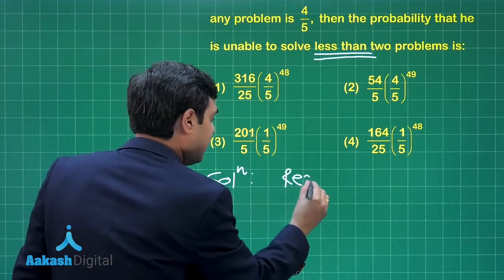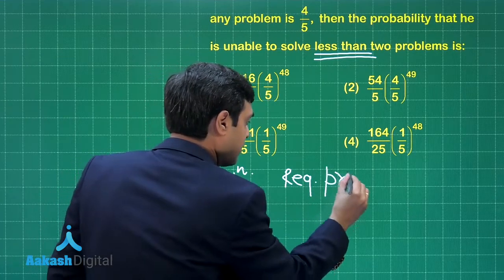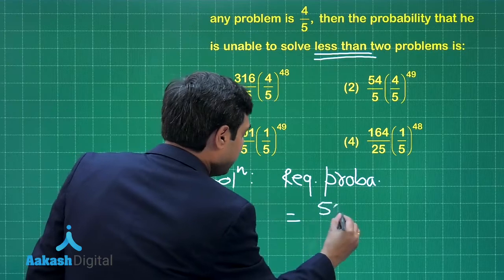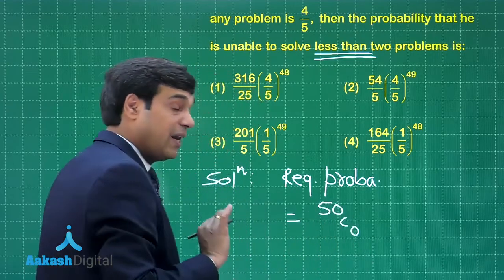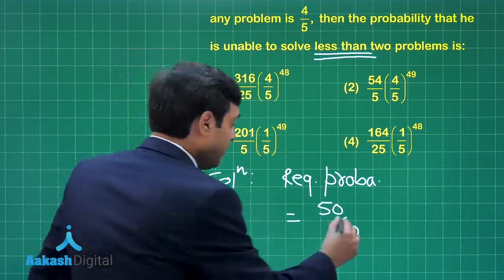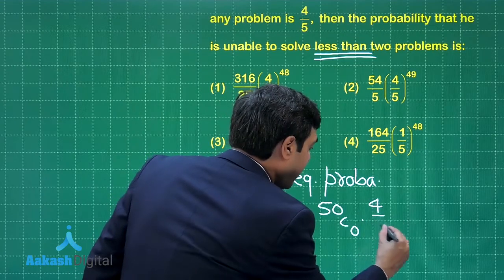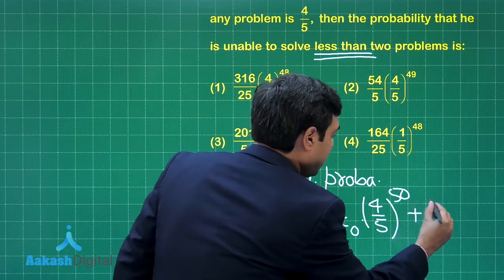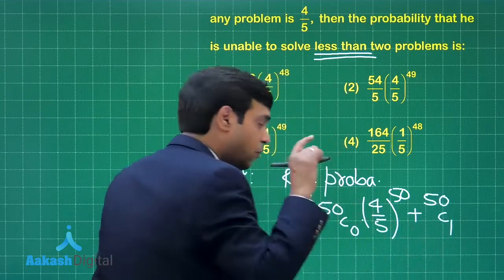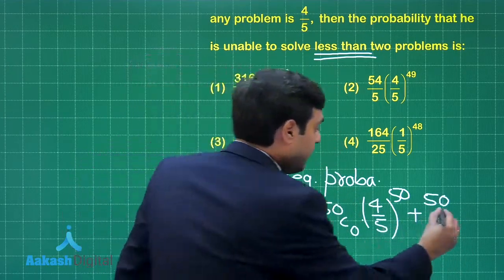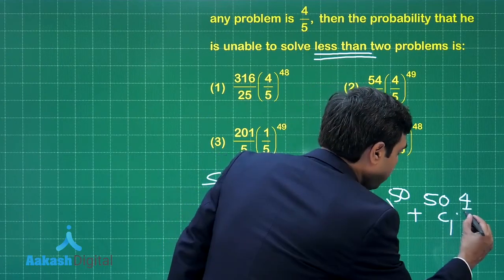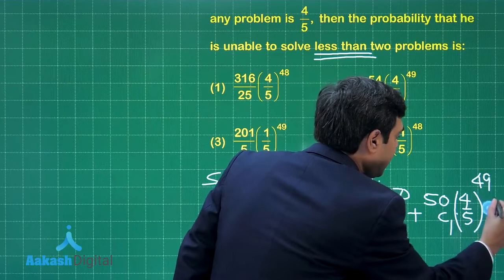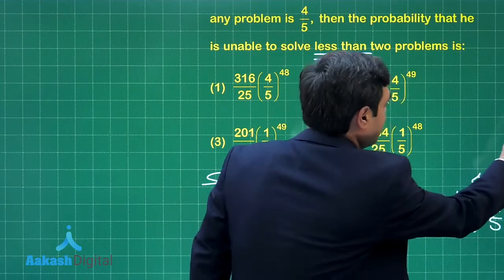So from here we simply get the required probability is equal to 50C0, meaning solved every one, multiplied with (4/5)^50 plus 50C1, where 1 is unsolved, multiplied with (4/5)^49 multiplied with 1/5.